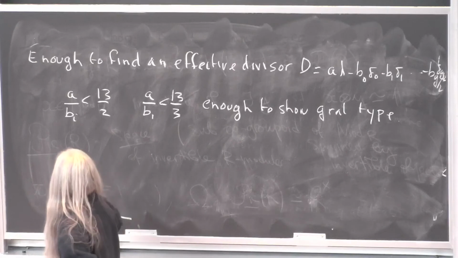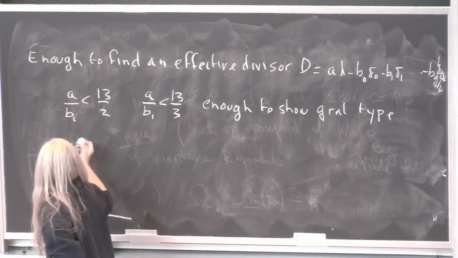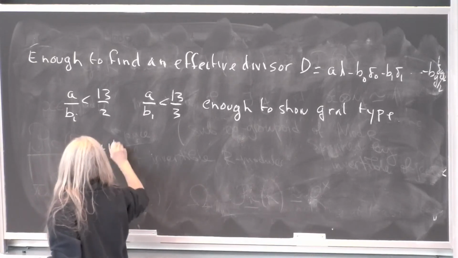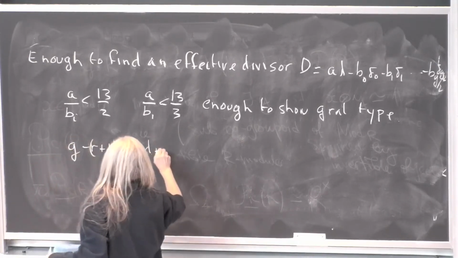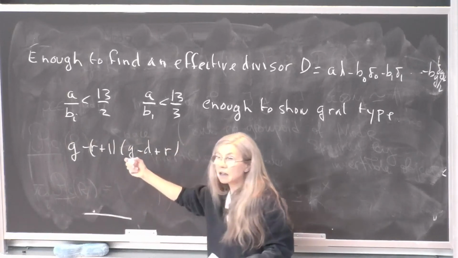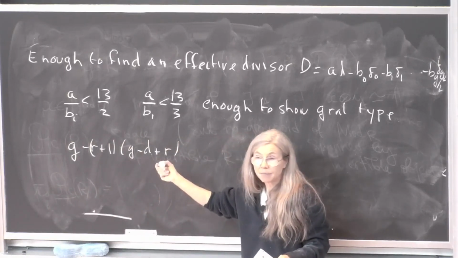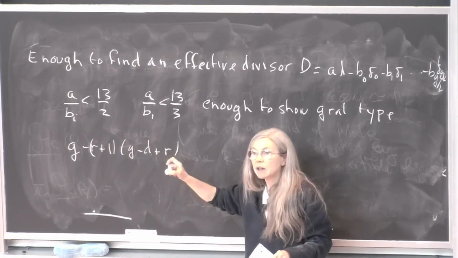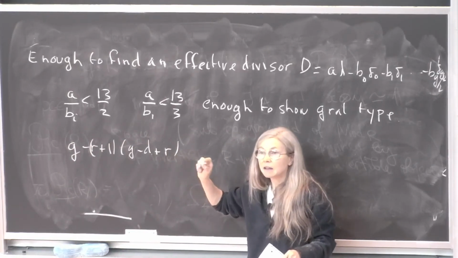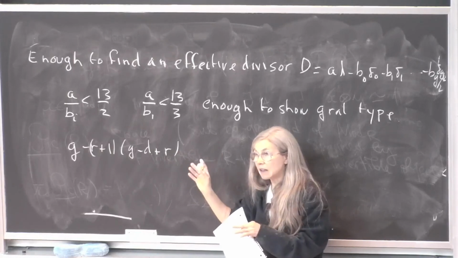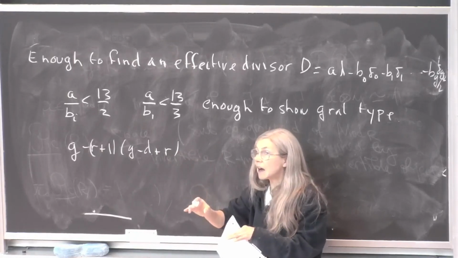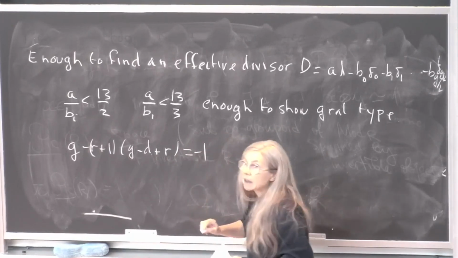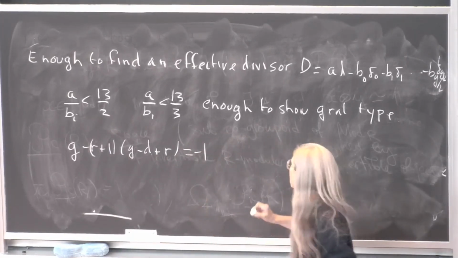I said that for a generic curve, the dimension of the space of linear series is g minus (r plus 1) times (g minus d plus r). And there aren't any if the number is negative. Now, for the negative numbers, you would expect that the more negative it is, the fewer curves there are. And in particular, when the number is negative 1, you expect a divisor in M_g bar.